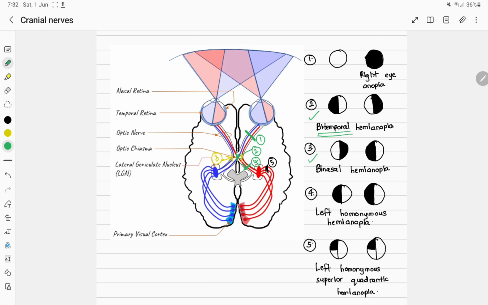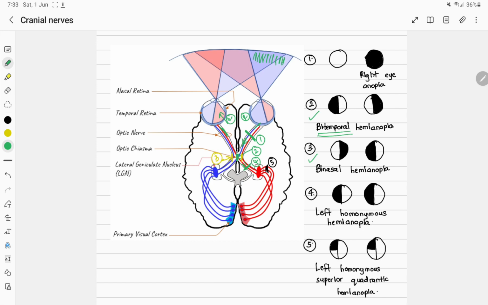See, the fibers coming to this area, these blue fibers are coming from the nasal retina of the right eye, and these red fibers from the nasal retina of the left eye. But you can see this right-sided nasal retina receives fibers from the right temporal visual field.